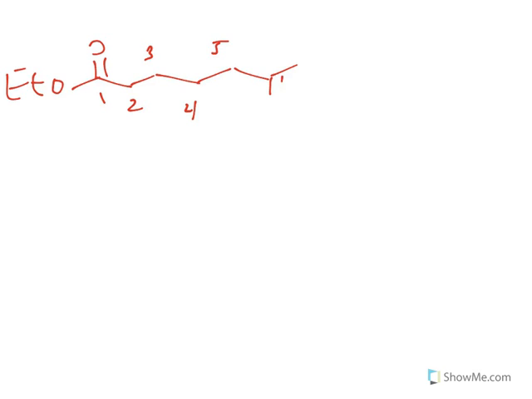So let's go to a fresh new page here and look at our ethoxide diester. And there's 6. And since we're going to undergo a Claisen with a diester, we need to match the base.